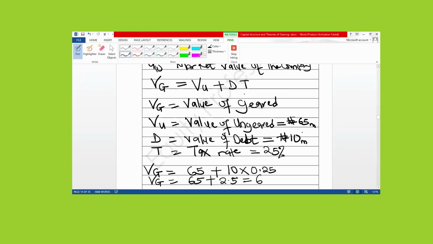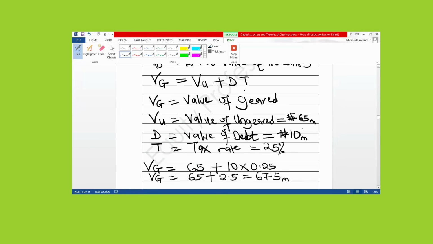This gives me 67.5. That is the market value of the company now, after change in capital structure.